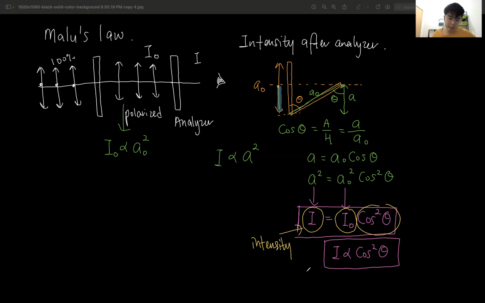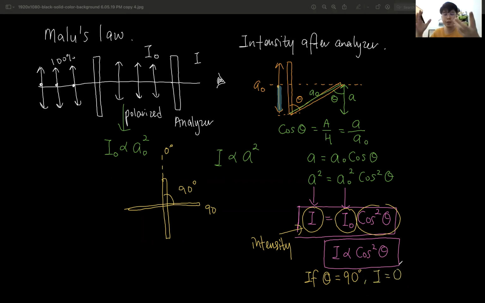What happens when the angle is 90? This angle is the rotation of the analyzer. You start with vertical, 0. If you rotate it 90 degrees, like this, then you put in the equation cos square 90, which is 0. I equals 0.